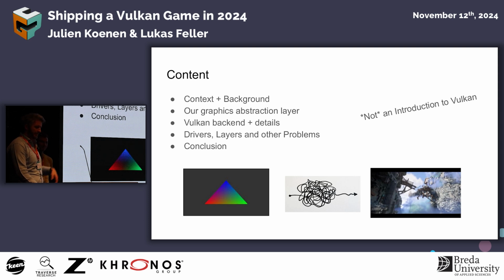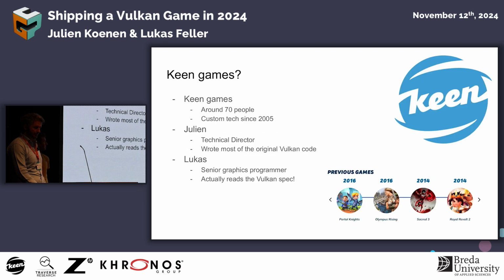There are a couple of problems we will talk about that we found on the way, but first a little bit about King Games. There was a talk before, but let me just repeat it. King Games is a game development studio from Frankfurt, Germany. We have around 70 people, and we shipped, I think, 38 games in the last 19 years.